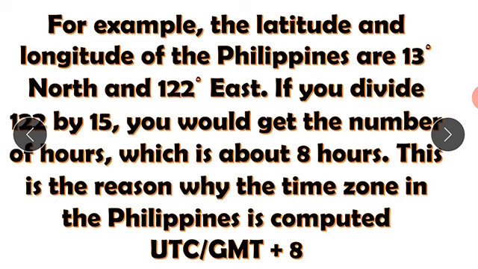This is the reason why the time zone in the Philippines is UTC/GMT plus 8. So where did we get 15? 1 hour is equivalent to 15 degrees longitude. So that is already constant. Okay? Divide it by 15.